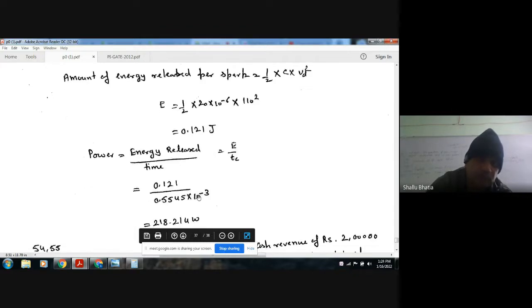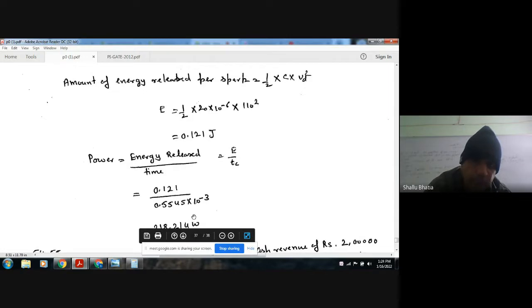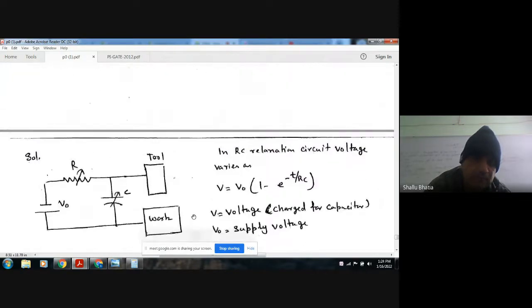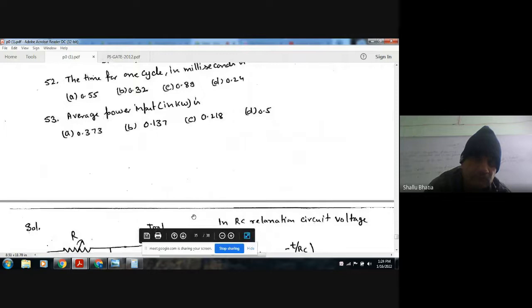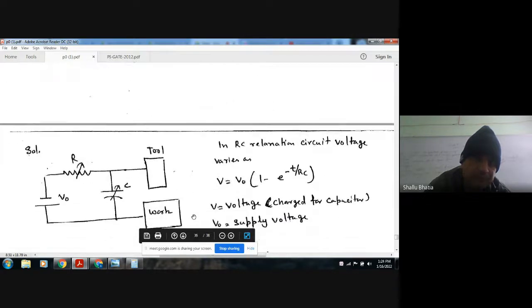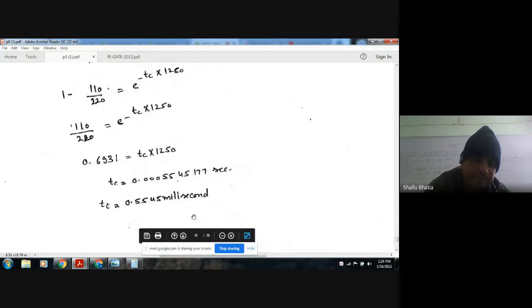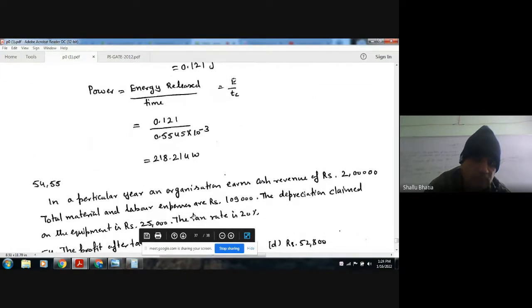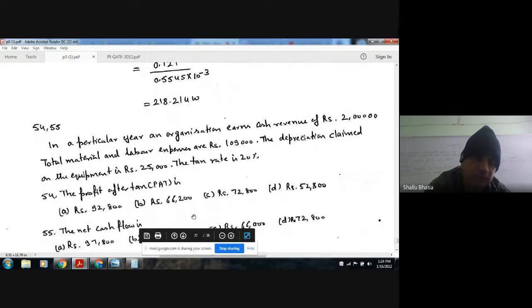So this is your cycle time. The answer is 218.24, so 0.218 kilowatt, option C. In kilowatt it is 0.1.